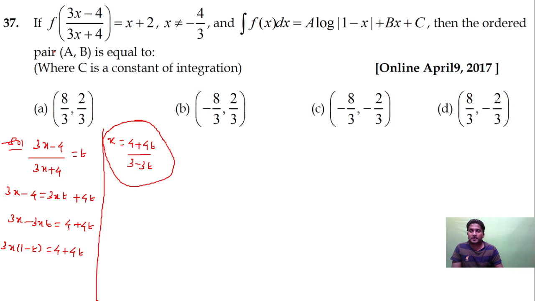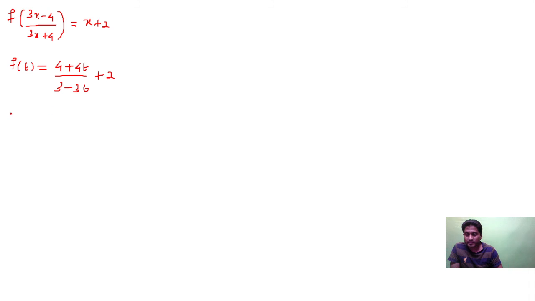Right, now this question becomes f of 3x minus 4 upon 3x plus 4 is equal to x plus 2. So this is equal to f of t is equal to, the value of x will be equal to 4 plus 4t upon 3 minus 3t, plus 2. Now listen, f of t is equal to, I'm going to take LCM as 3 minus 3t.